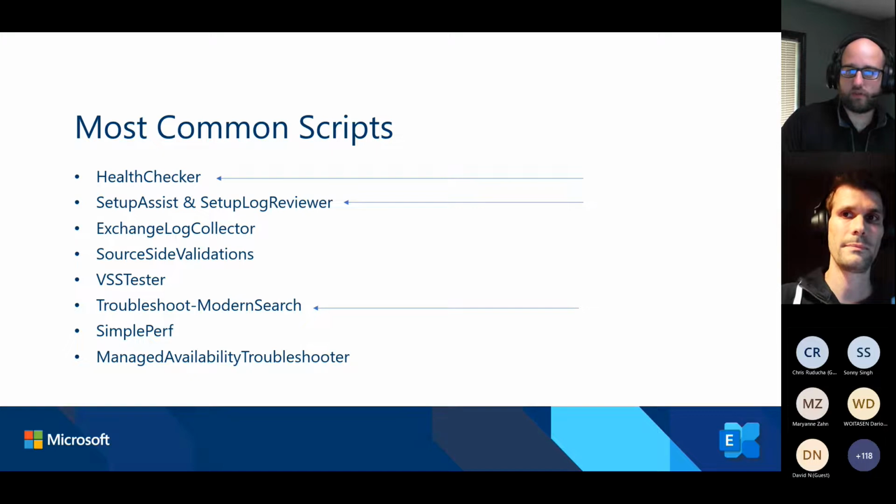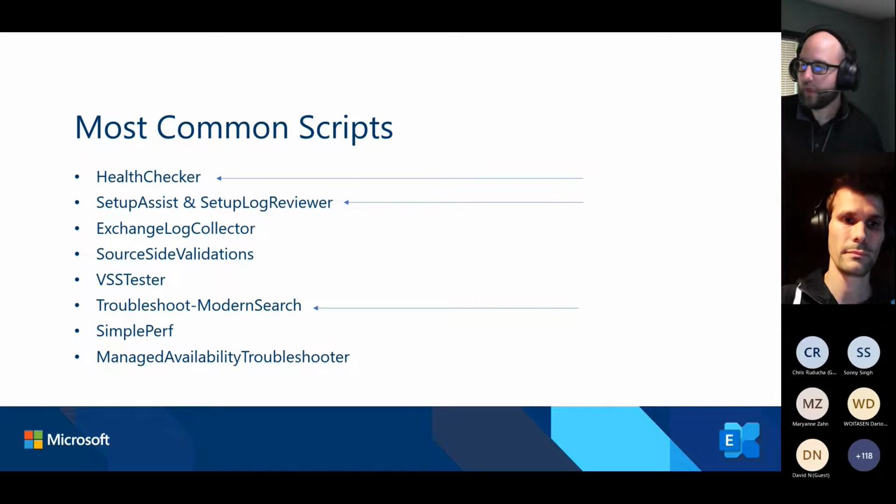And VSS Tester is basically just going through and testing the VSS Exchange Writer for backups, to verify that your backups are actually working, the main writer is working, and the truncation is going to work. If it's not, we can verify that with this simple script, and also collect additional data that we need in order to troubleshoot those types of issues.